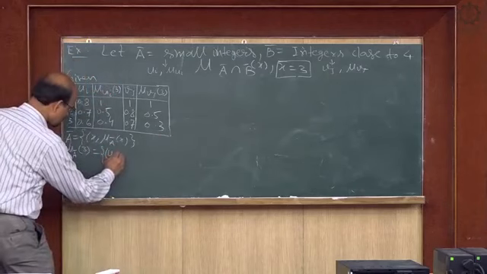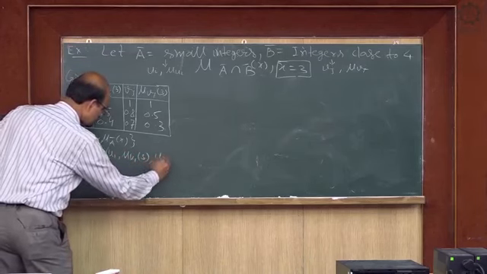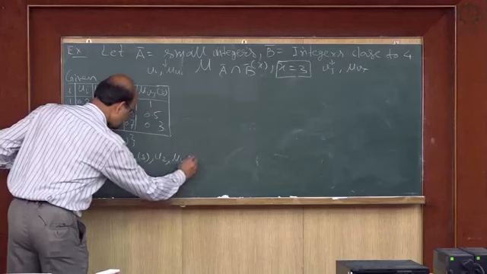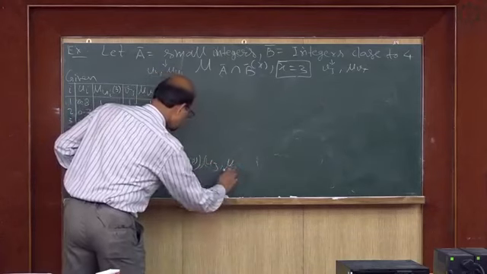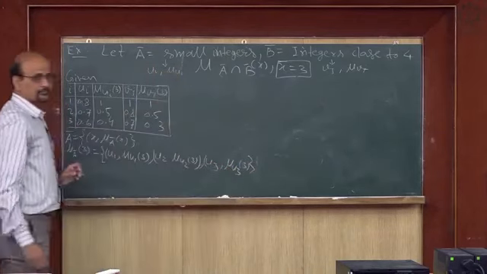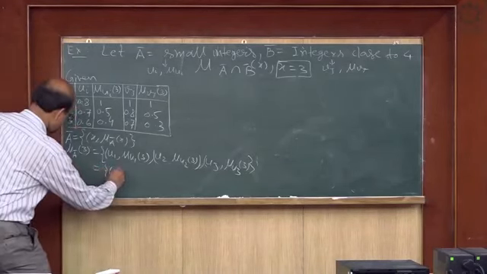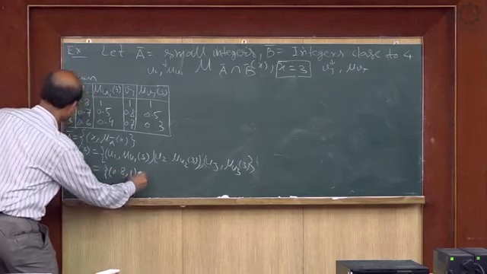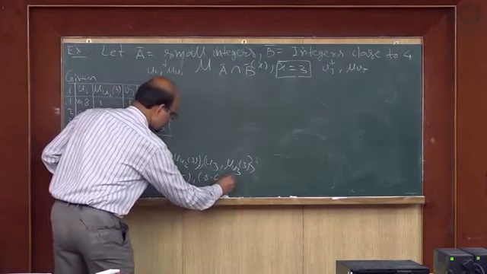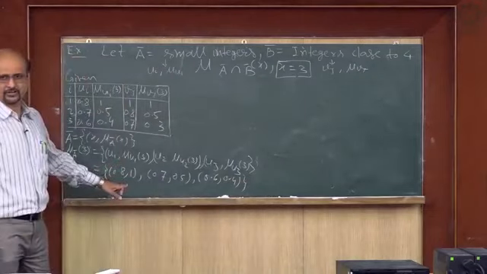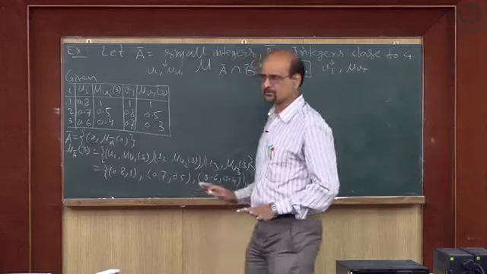First one is u1, mu u1 at 3, u2, mu u2 at 3 and u3, mu u3 at 3. In more explicit form, these are 0.8, 1, 0.7, 0.5 and 0.6, 0.4. Similarly, I can write mu B bar 3, that you can write yourself, very simple.